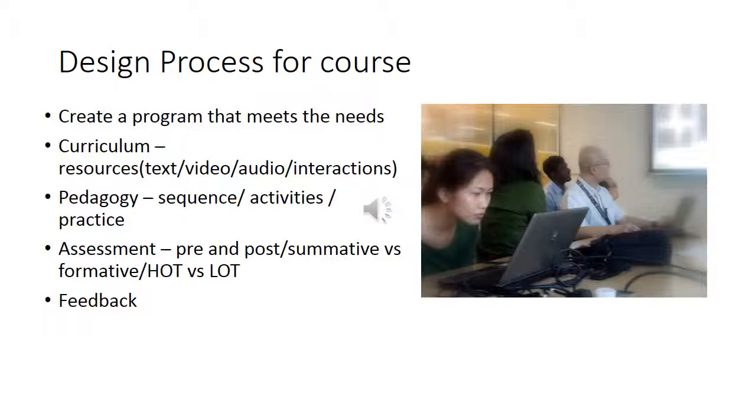Assessment has to be effectively delivered through mobile learning, and this has to be both formative and summative to allow for evaluation of the effectiveness of the learning. And feedback has to be provided periodically to ensure the student is engaged in the learning process.